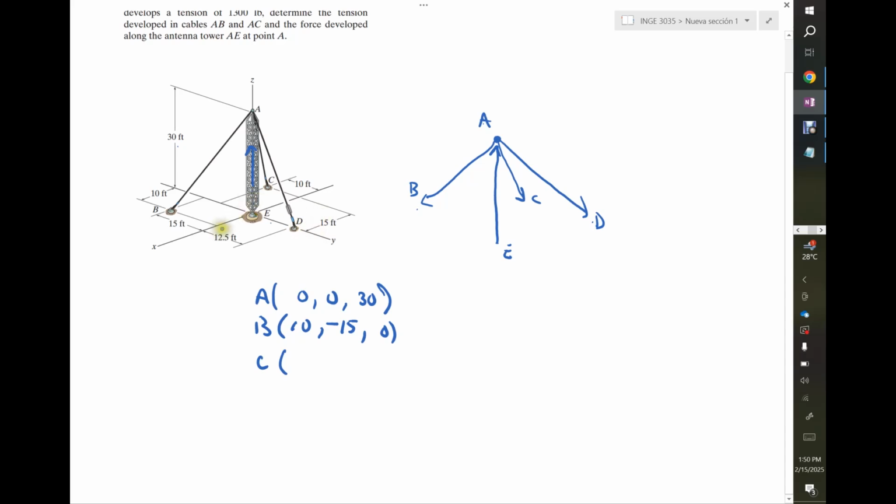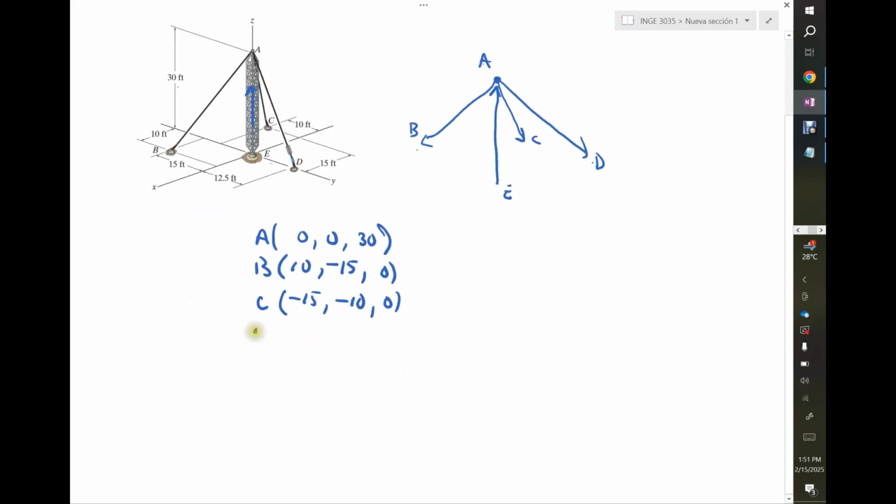You see, this line is parallel to this one, so it's going minus 15. It's going minus 10. This 10 goes here, but it's also at the position on Z that is 0, so it's 0 here. How about ABC?